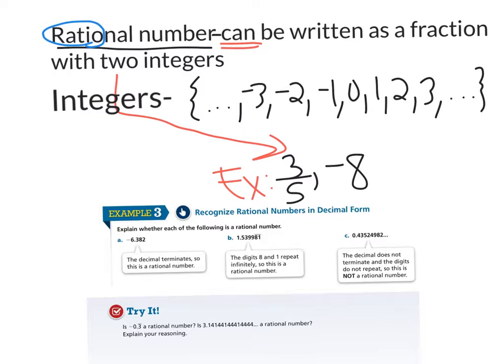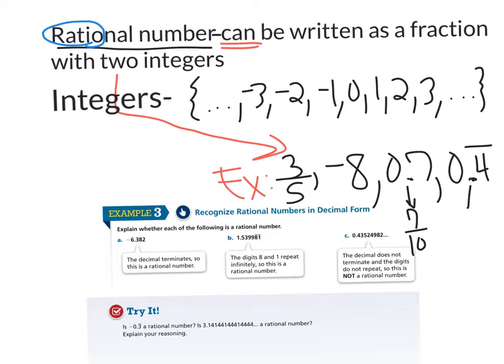-8 would actually be a rational number because we could write it as -8 over 1. Decimals can be rational numbers too. A decimal like this would be 7/10 as a fraction, 7 over 10. A repeating decimal, we'll get more into this next year.